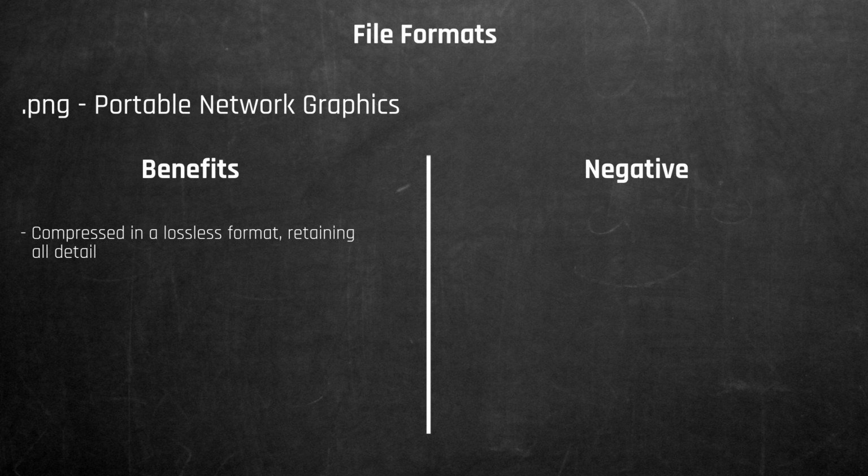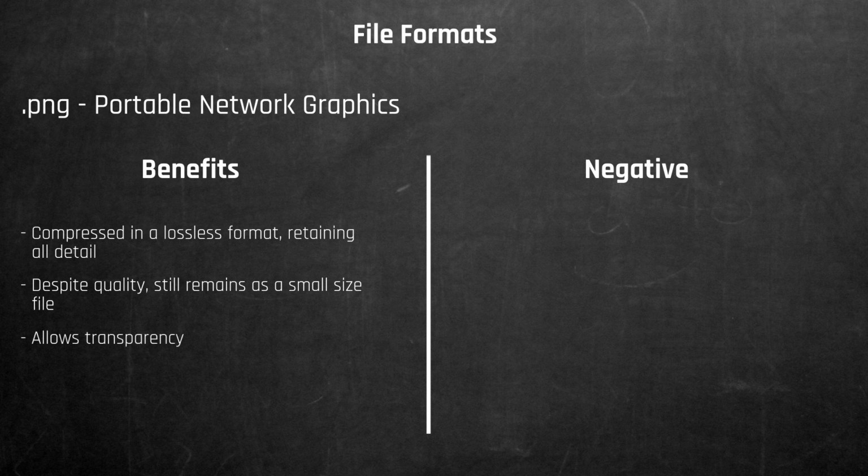But unlike other file formats, PNG quality doesn't mean big file sizes, and this is useful on the internet because you need pages to load quickly. The other benefit of PNG files is that they allow for partial or total transparency, which is ideal for overlays and logos.